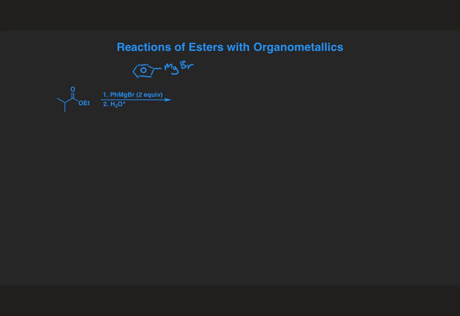And the first thing that happens, just like before, is that the Grignard reagent attacks the carbonyl carbon and kicks electrons up to oxygen to form this tetrahedral intermediate. Here, that's the same as if it was a ketone.